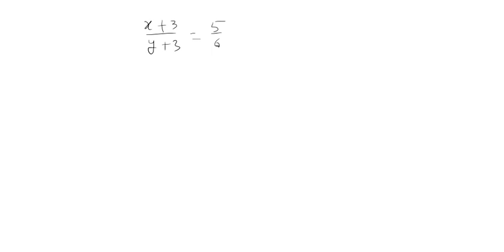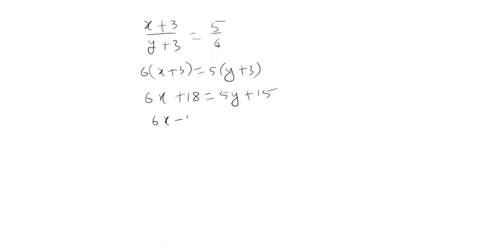If 3 is added to both numerator and denominator, it becomes 5 upon 6. Correct. So in the same way we can cross multiply and get the equation. So this is 6x plus 18 equals 5y plus 15, so 6x minus 5y is equal to minus 3, right? So this is our next equation.